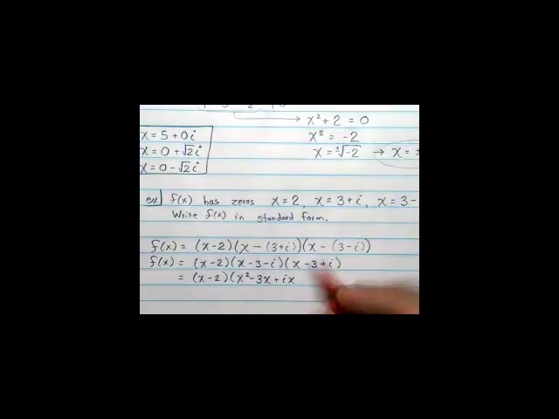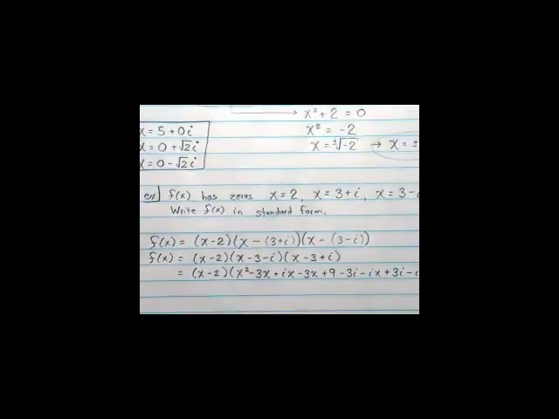So negative 3 times x, negative 3 times negative 3, negative 3 times i, negative i times x, negative i times negative 3, and negative i times i. Okay, so it's all of that.